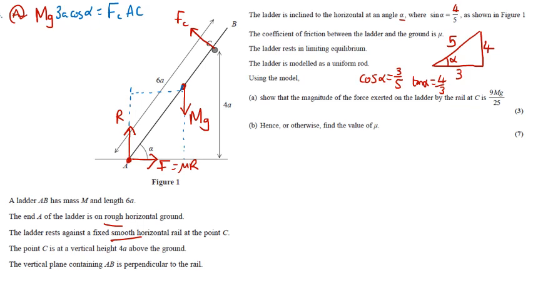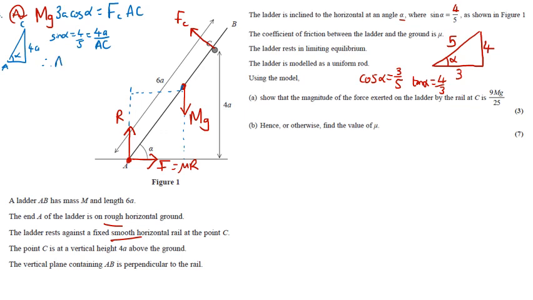Well, if we look at the triangle that goes A to C and then down to the ground, the big right angle triangle there, we know that that side is 4a, and we know that this is alpha, so we know that the sine of alpha, which is 4/5, is equal to opposite over hypotenuse.